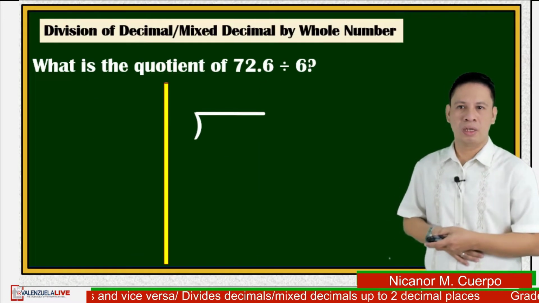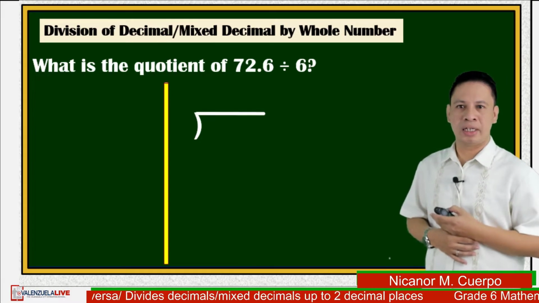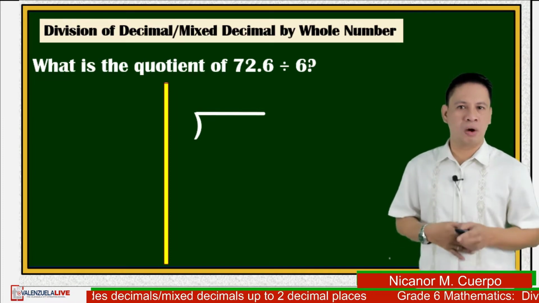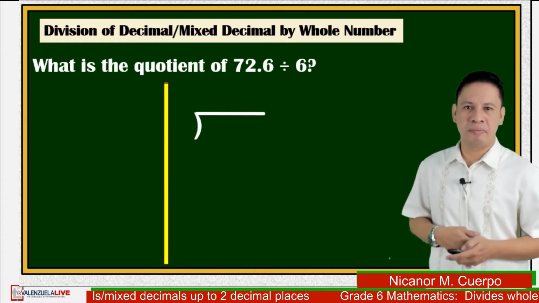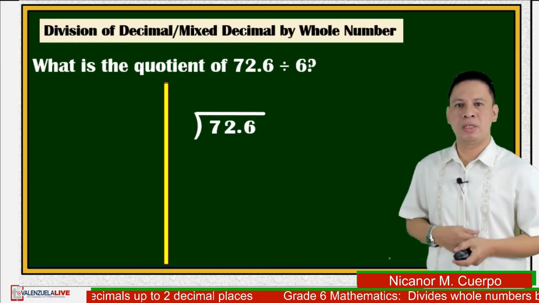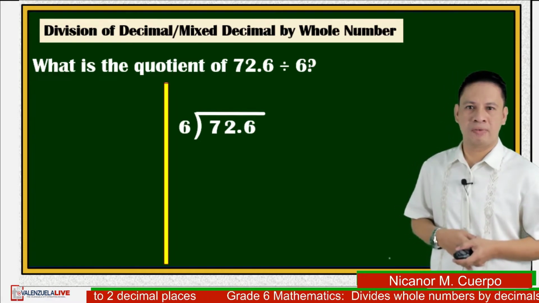Okay. Let's have another problem. What if you are asked to divide a decimal or a mixed decimal by a whole number? What is the quotient of 72 and 6/10 divided by 6? So 72 and 6/10 will be your dividend and 6 will be your divisor.